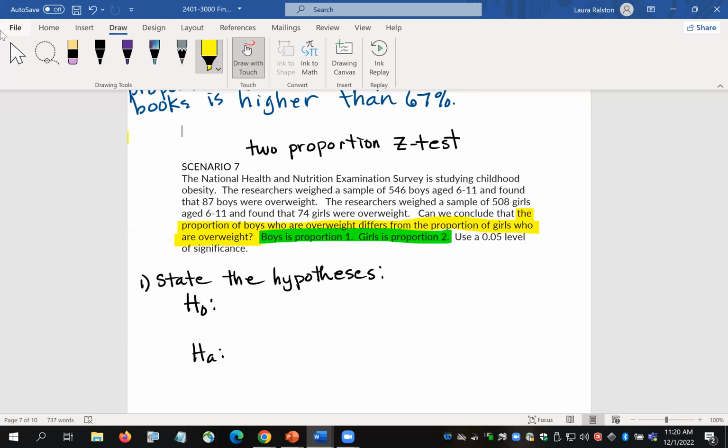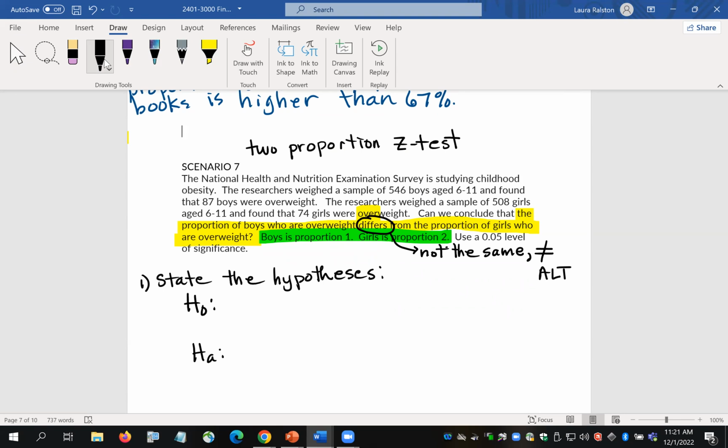So we have the word differs. Differs means they're not the same, which mathematically would be not equals. So that statement would be the alternative.